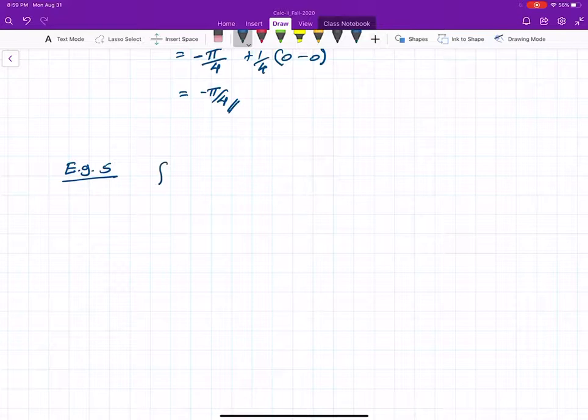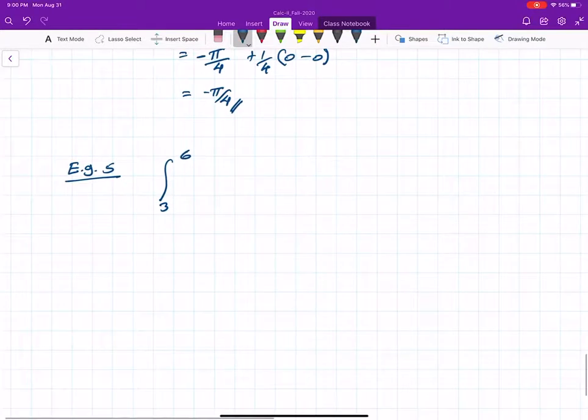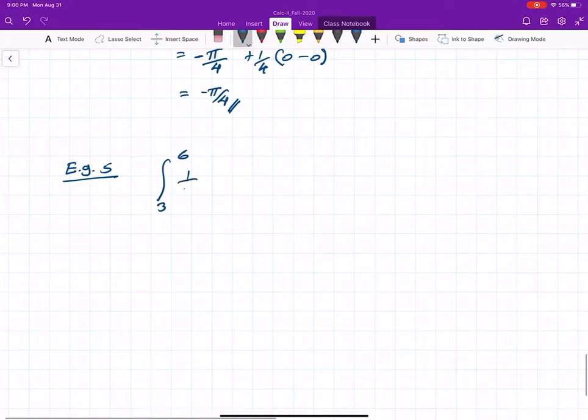You have to integrate from 3 to 6, 1 over x dx.